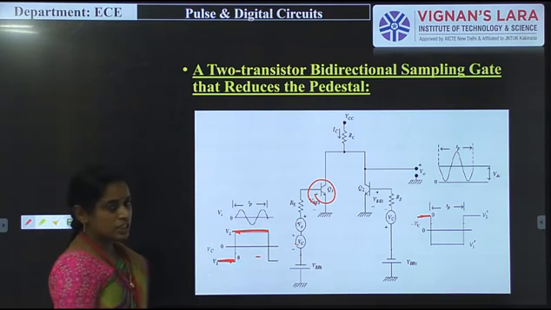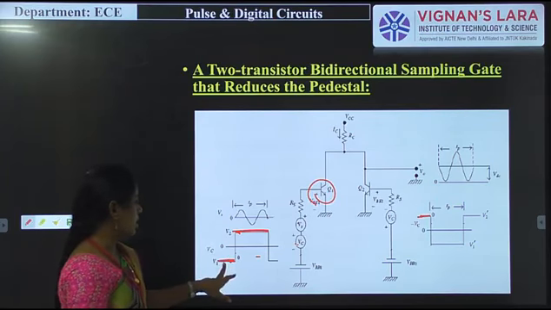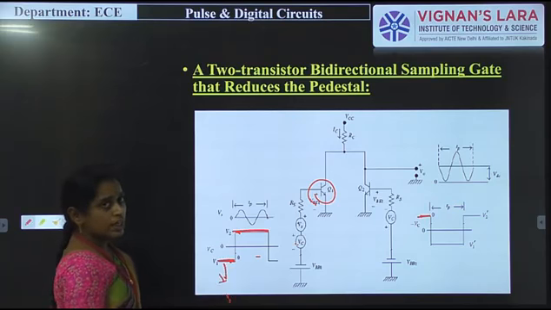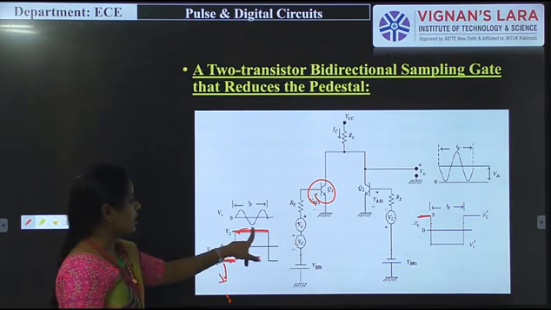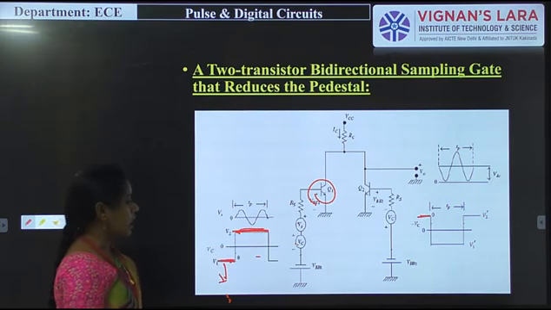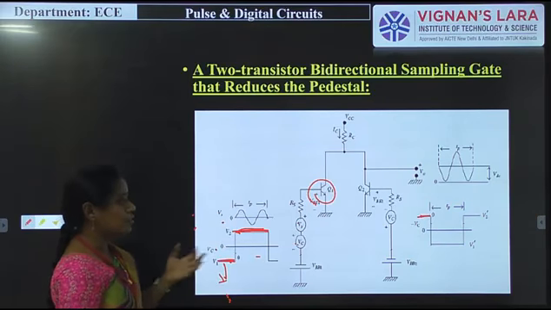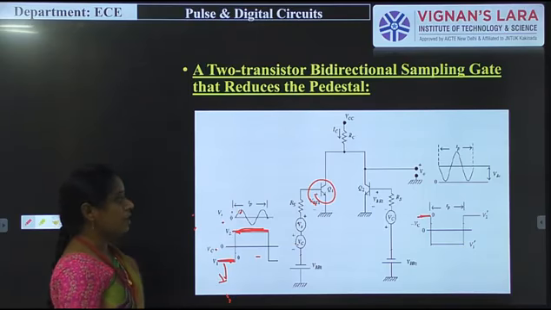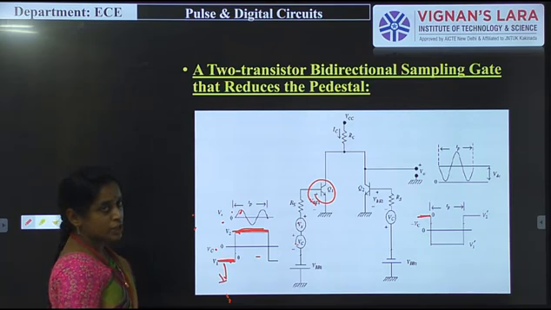At the first condition, V1 is negative and V2 is positive, and there is no transmission. But in the second condition, V2 is positive and the other one is negative. During this time, whatever the input signal will reach the output side with a phase shift.